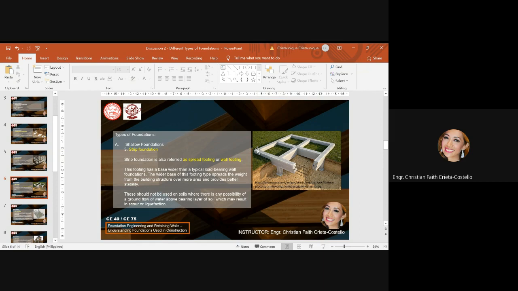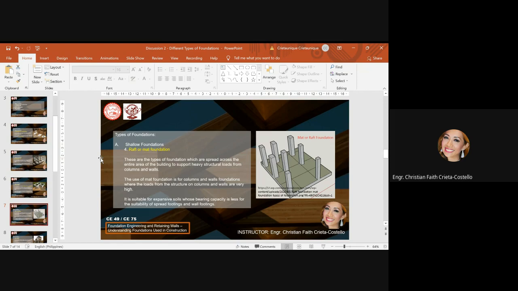Soil bearing capacity must be sufficient to support the weight of the structure over the base area of the structure. And this should not be used on soils where there is any possibility of a ground flow of water above the bearing layer of soil, which may result in scour or liquefaction.